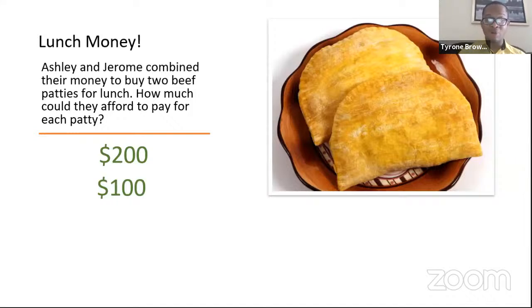Okay, and I'm liking the fact that you're starting to use some of the terminology, the maximum, 200 or less. So Chevelle is saying yes, it could be 180, because 180 plus 180 is 360, and they would be able to afford it if it is 360 for both parties. Thank you very much for your participation.